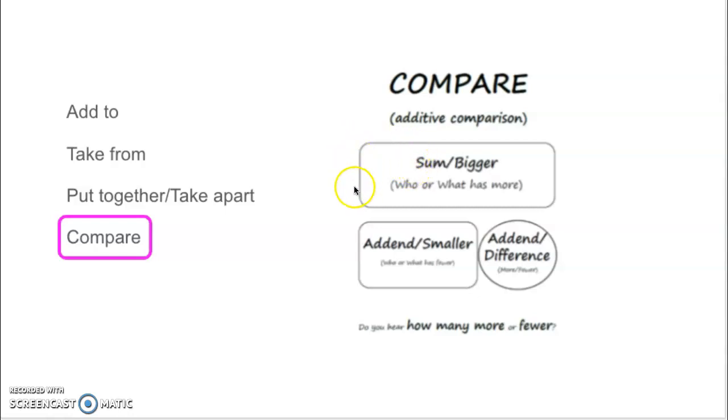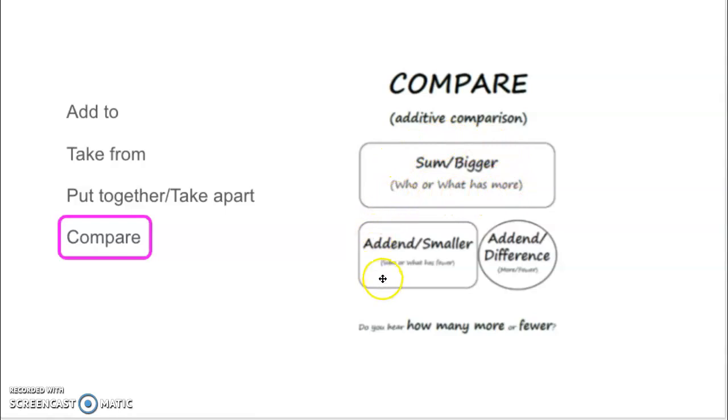In this section here, you'll notice that it's the sum, which just means like the total of the other two, right? It's also who or what has more because we are comparing, seeing who has more or less. So this part is the bigger part, or who has the most.